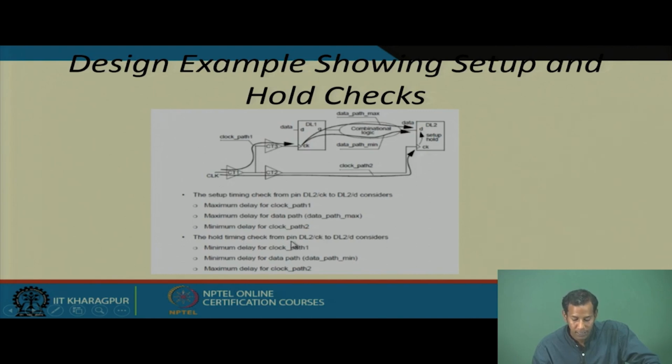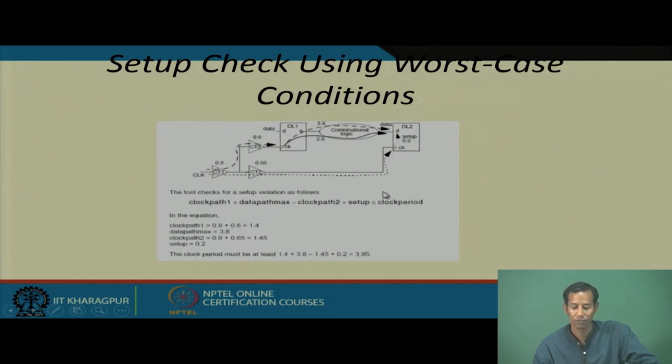And the hold time check will consider the minimum delay for clock path 1, the minimum delay for data path 1 and the maximum delay for clock path 2. Okay.